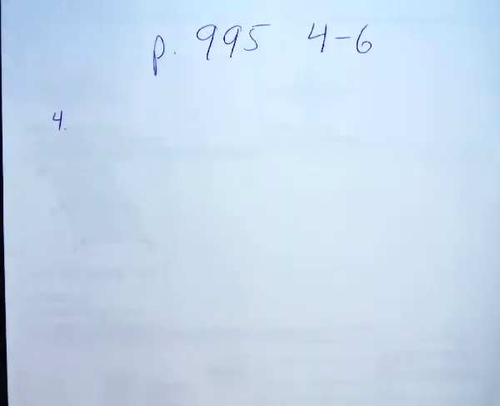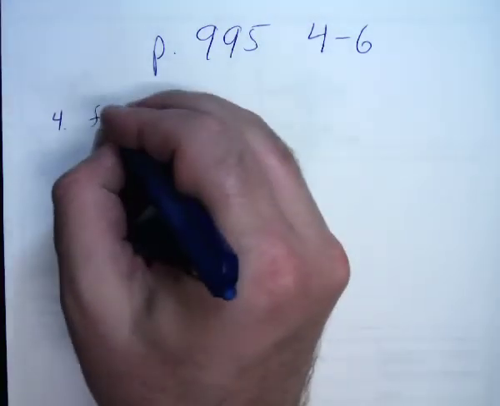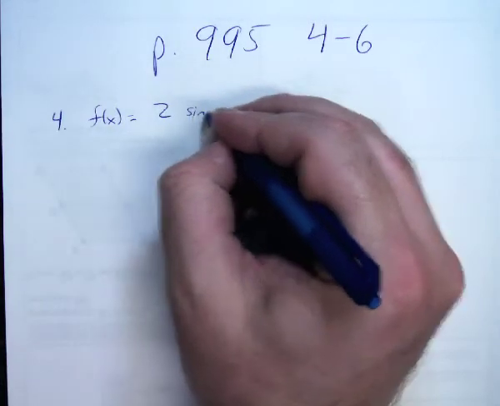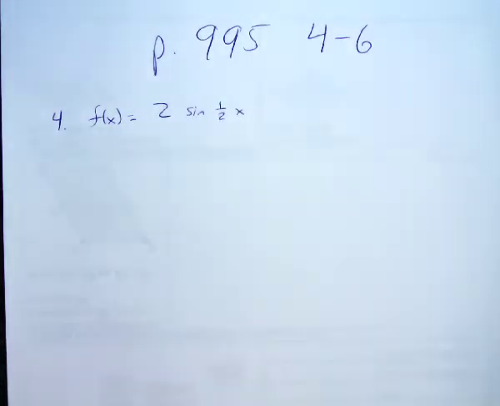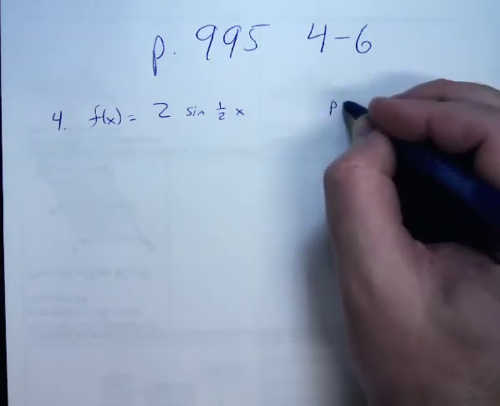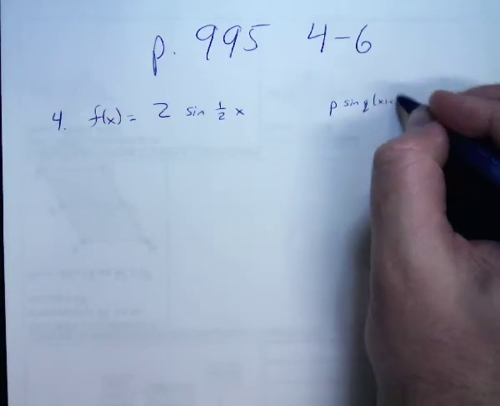So for number 4, we're supposed to graph, identify the amplitude and the period. Okay, so we have f of x, which is just another way of saying y, 2 sine 1/2 x. Now, if you recall our standard equation, p sine qx plus c plus r.